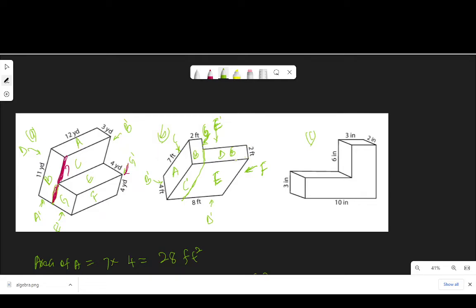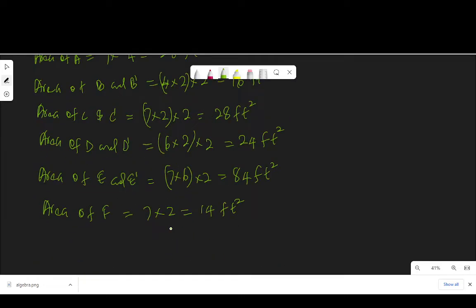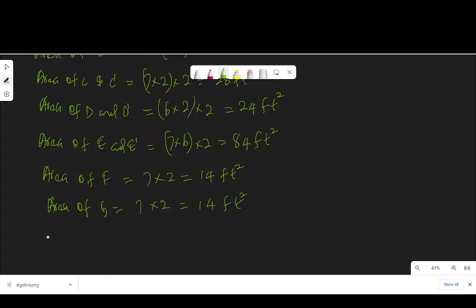This place is 2, and the whole of this is 4. That means 4 minus 2 will give you from here to here. So 7 by 2 is the length of G there. Area of G is 7 times 2, which is 14 feet square.